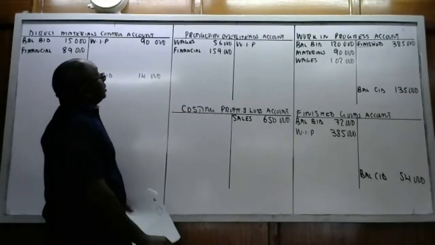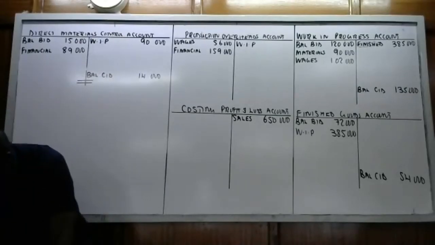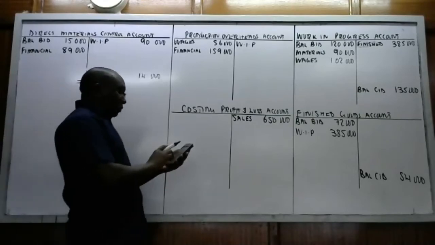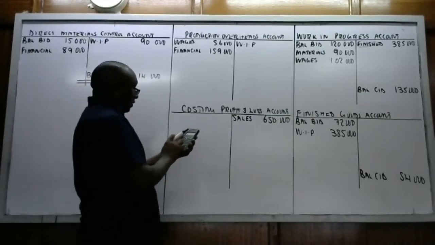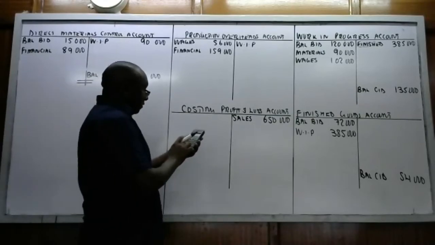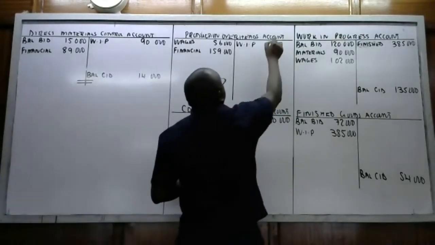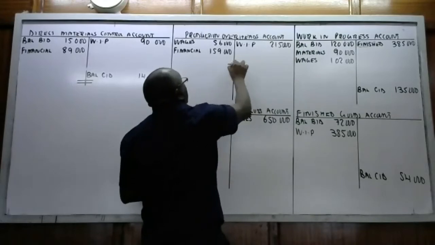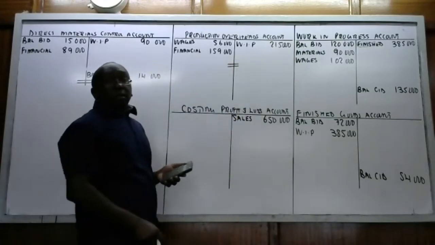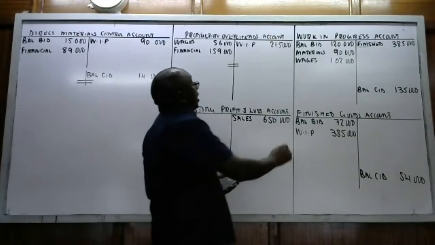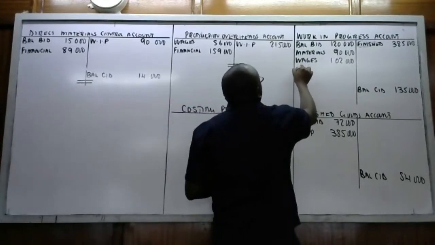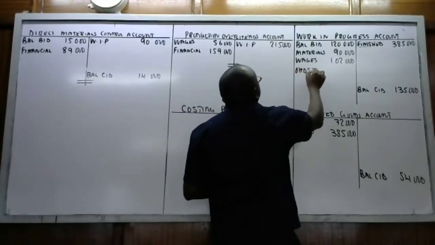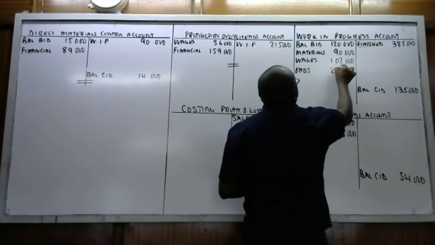So this full balance should go to work in progress. 56 plus 159, 215. So go to work in progress. Same because of overheads. Tumeleta 215.